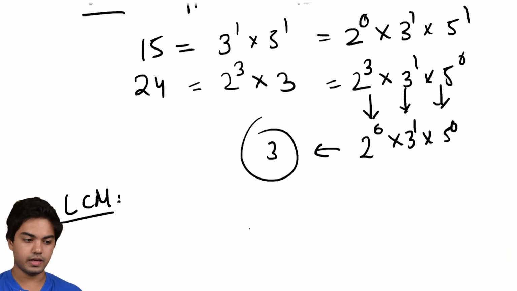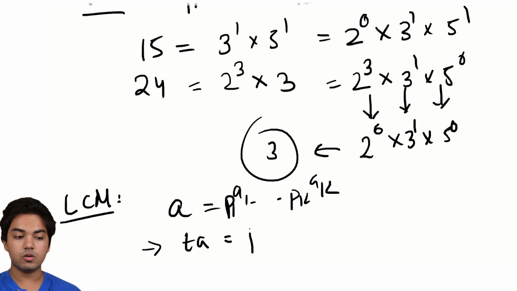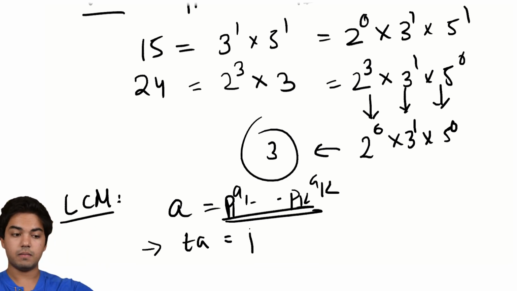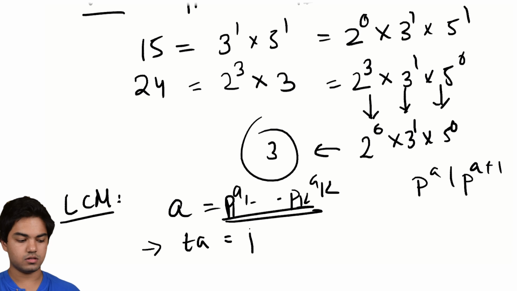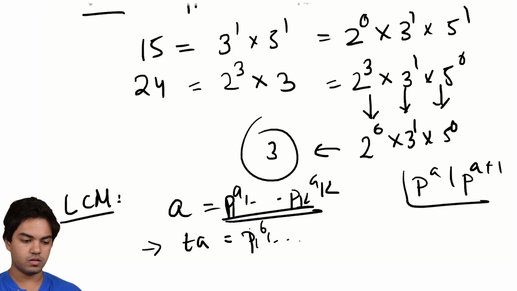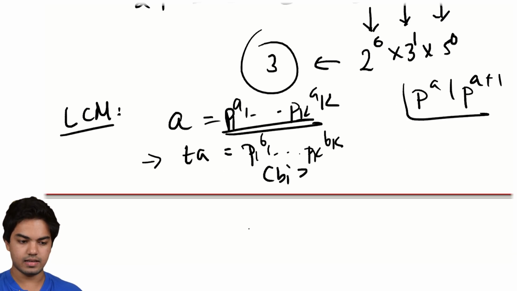A multiple of A, which is P1 to the A1 all the way up to Pk to the Ak, is some number B. So if I look at a multiple B of A, that will obviously include all of these primes to their maximum power and more, of course, right? Because P to the A obviously divides P to the A plus 1 or A plus 5, whatever. So it's P1 to the B1 all the way up to Pk to the Bk, any multiple of A, where the Bi are at least Ai. So the ordering has to hold, and you can have extra primes.